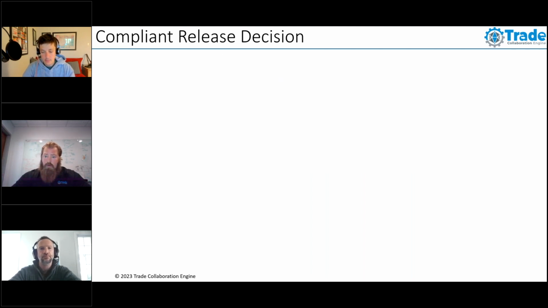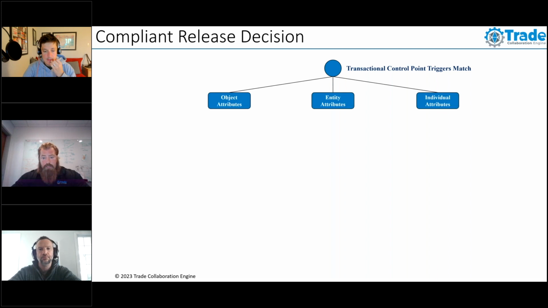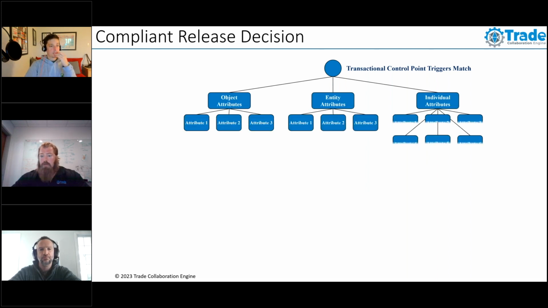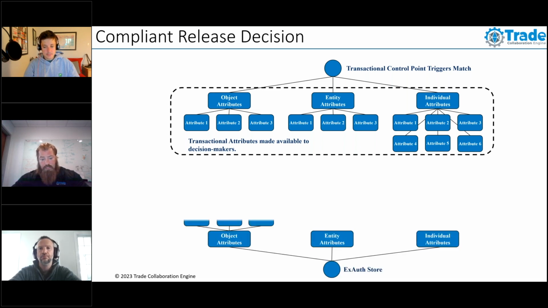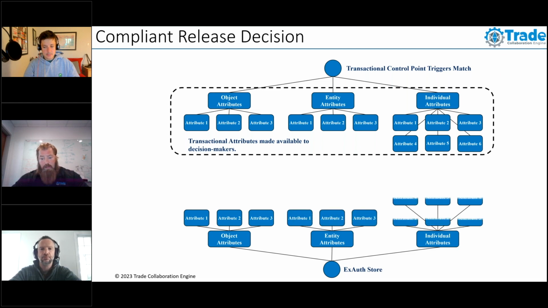So if we flip this model on its head and we put the transactional control point at the top, we see that we've got our objects, our entities, and our individuals, and we have our attributes, right? So what information is required for accurate and timely decisions has to be modeled out in your data, right? In your object, your entity, and your individual records. So these transactional attributes are made available to decision makers who have access to an export authorization store, which essentially has the same model in it.